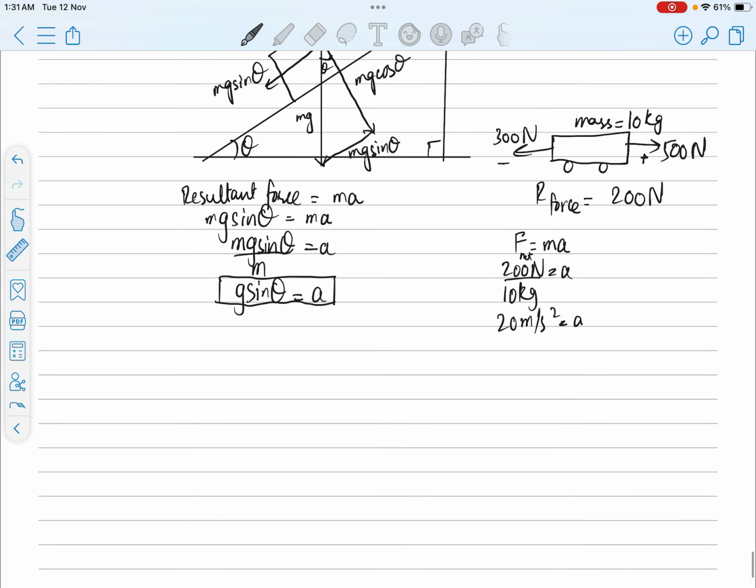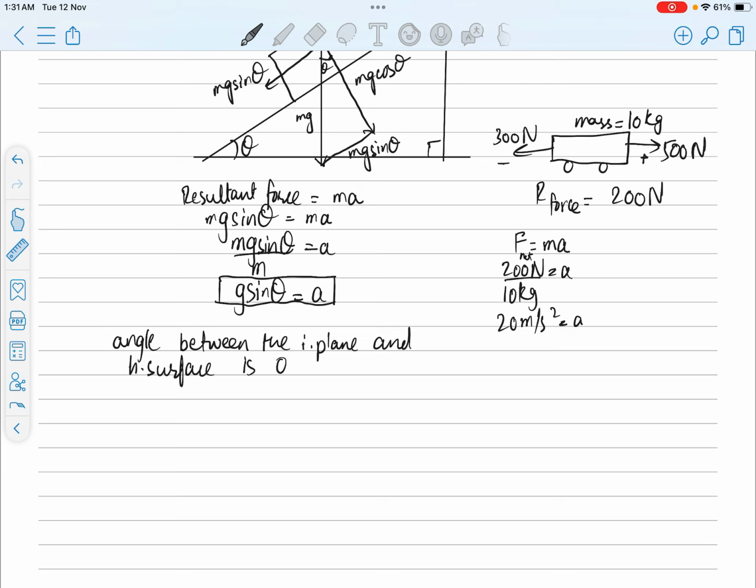Now through this formula I also want to understand one thing: what happens if the angle between the inclined plane and the horizontal surface is 0?